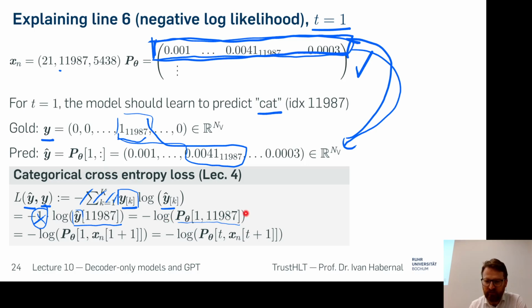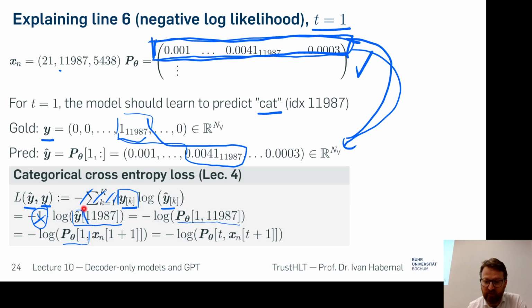This is also slicing the first row and taking, what is xn 1 plus 1? It's 2. Exactly. So it's the second output, and there was a bar which is a probability distribution of the first token.